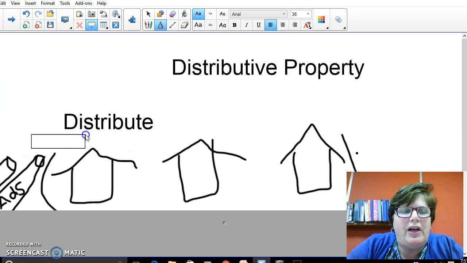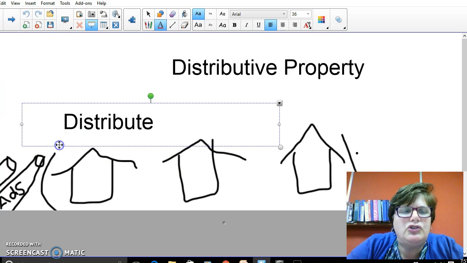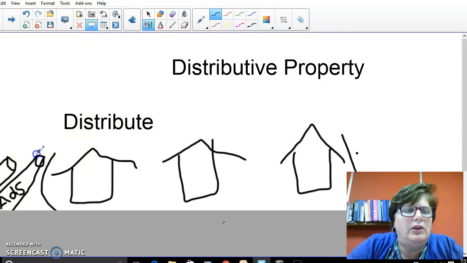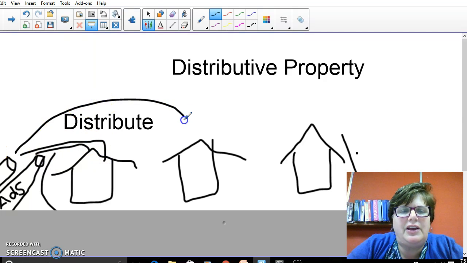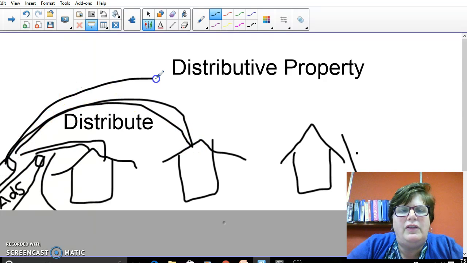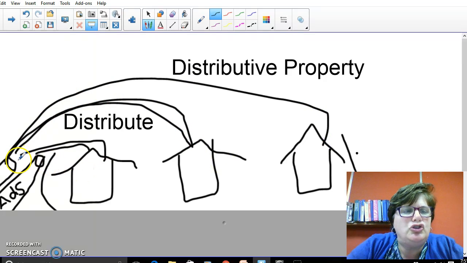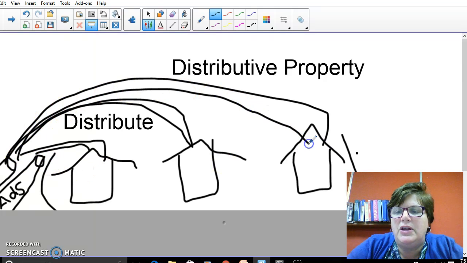So you delivered them to each one of those homes, and then you went to the last one on the block and distributed those newspapers to each house on that particular block.